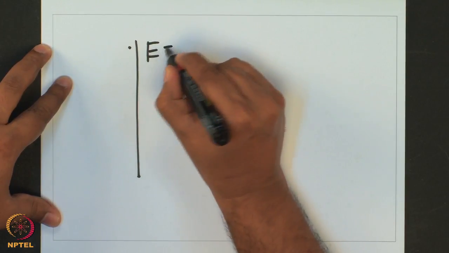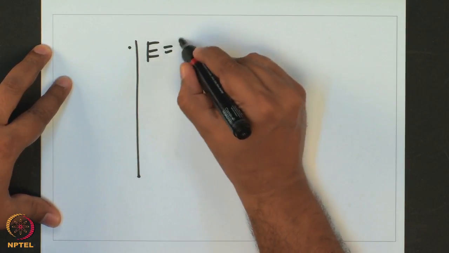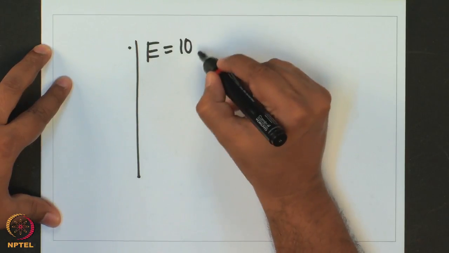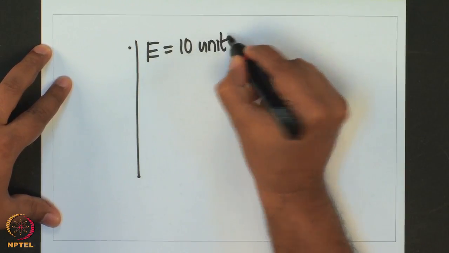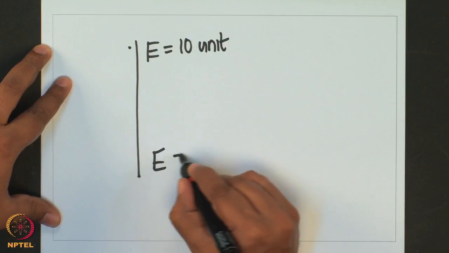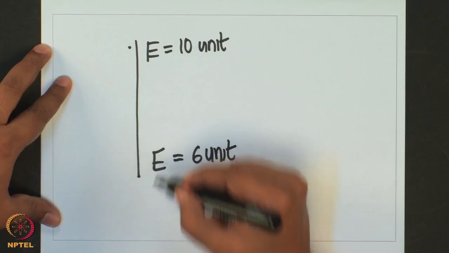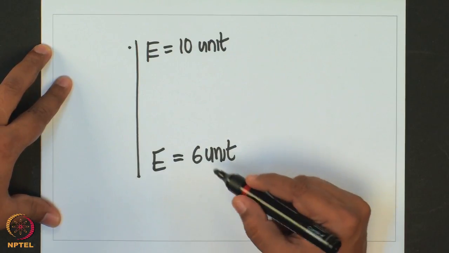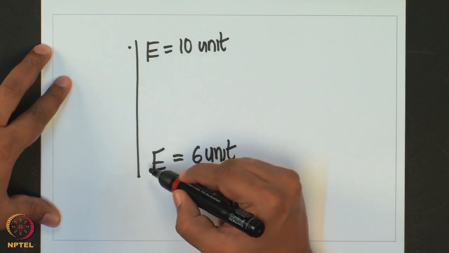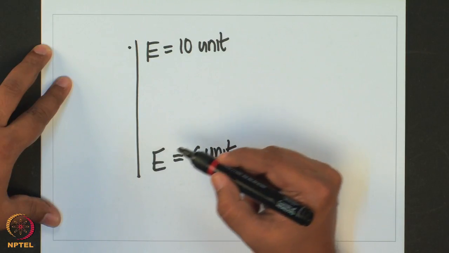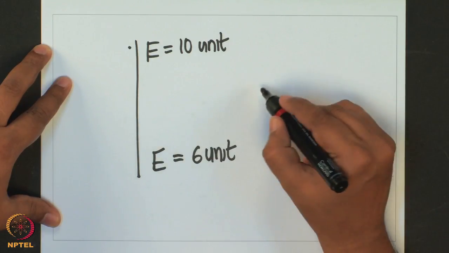Let us say E at this location is 10 units, whatever be the unit of energy. Here the energy is 6 units. So the energy decreases as we go from here to here.